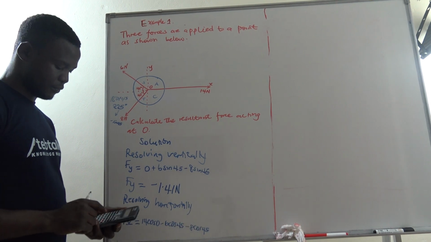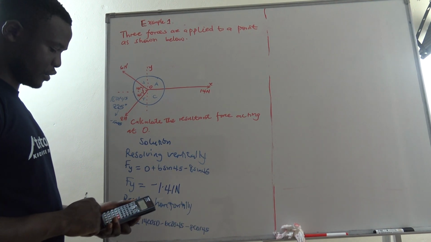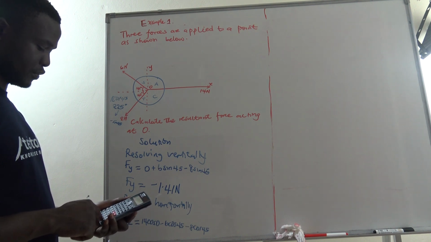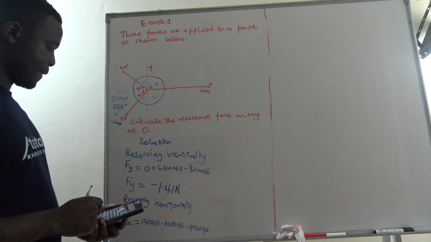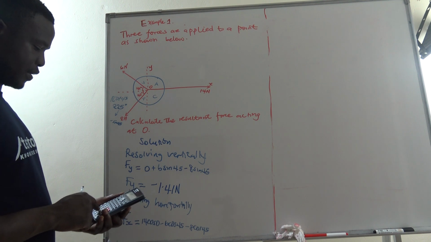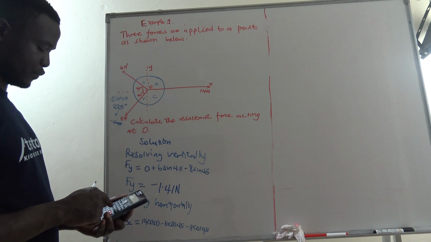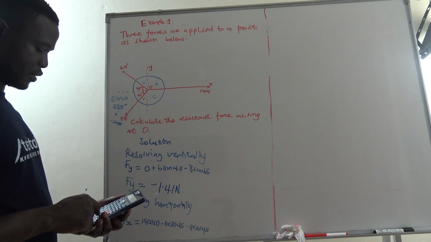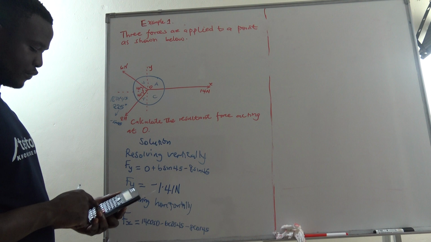So again, let's compute. 14 cos 0 is the same as 14. Minus 6 cos 45 minus 8 cos 45.